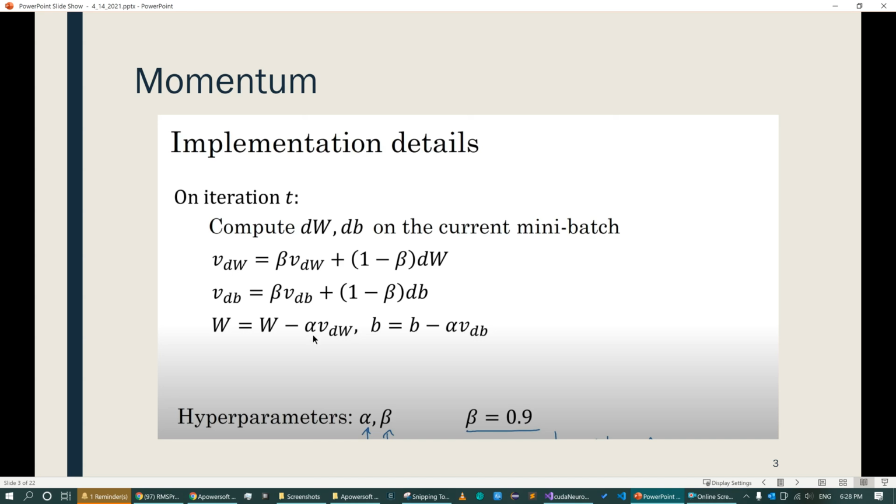And what we update inside the w is: we subtract alpha, which is the learning rate, times the vdw, which is the momentum of this iteration.